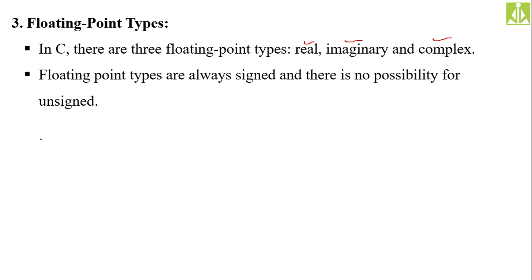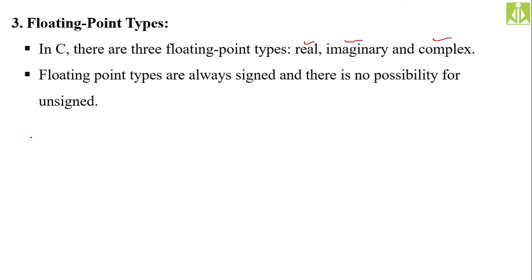So floating point types are always signed. That means you can store both positive as well as negative numbers. There is no concept of unsigned numbers in floating point types. The concept of signed and unsigned numbers is there in the previous category, that is integers.